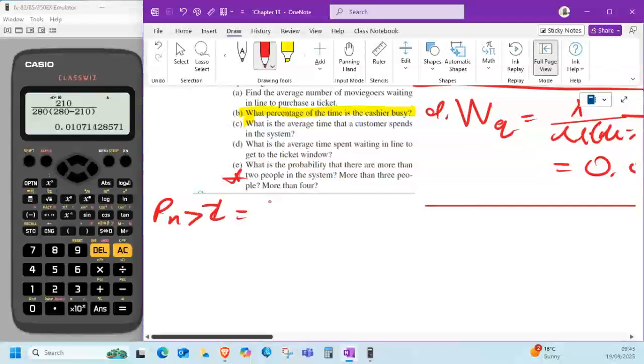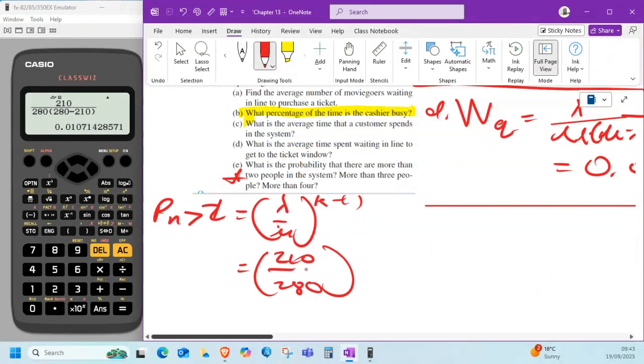This other, go straight to the formula. K plus 1, which is 2 over 1, and 2 plus 1.